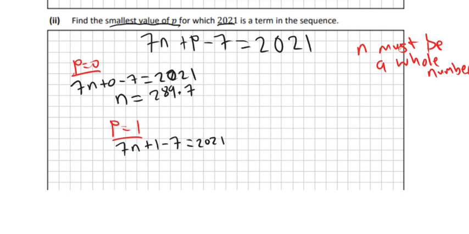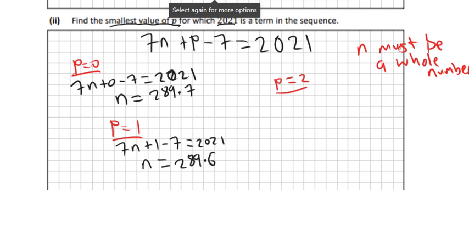Bring across the minus 7 and add it on, bring across the 1 and take it away, and then divide by 7, you'll get n equals 289.6. So again, we get a decimal. And I think there's a few more to go still, because I've done this question before.